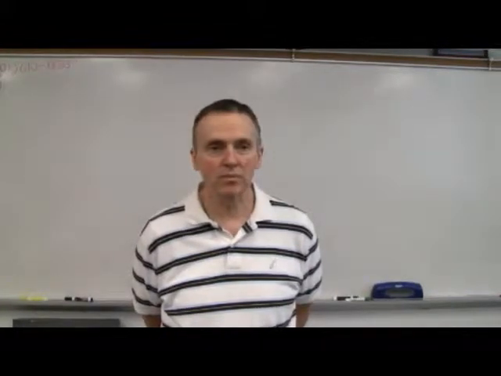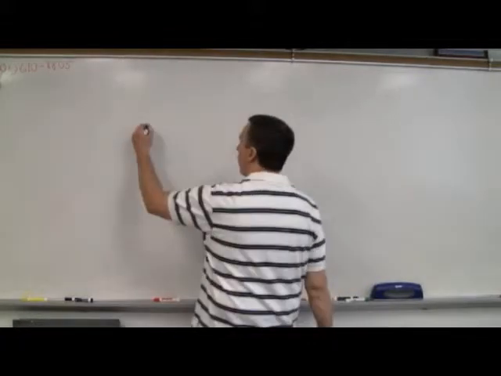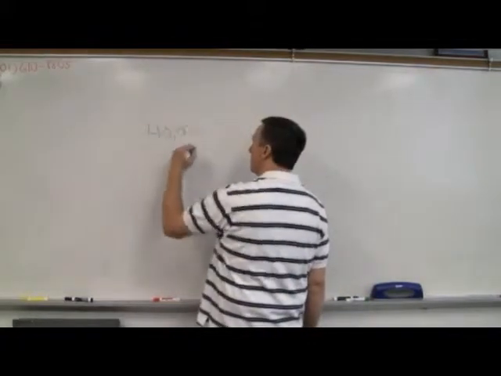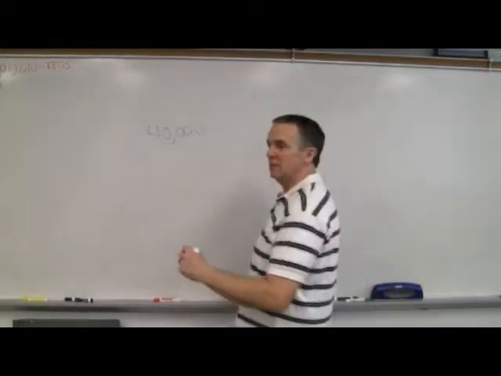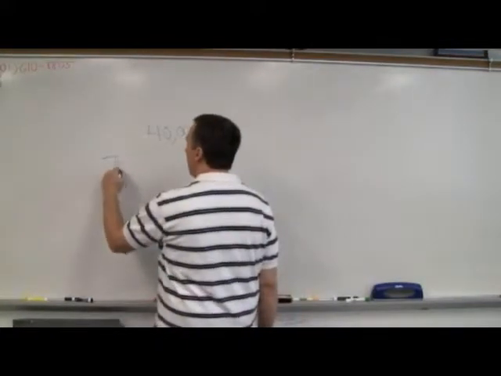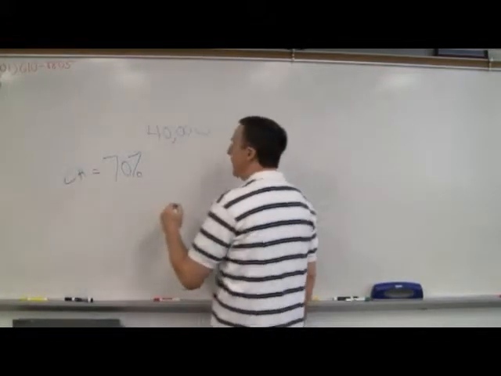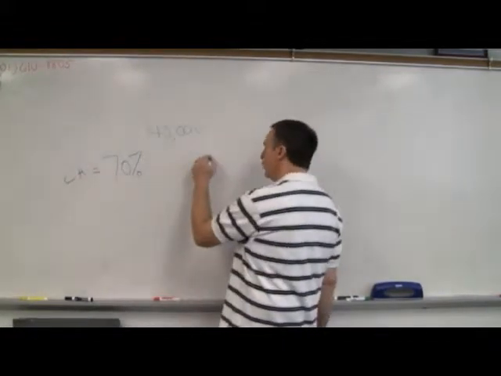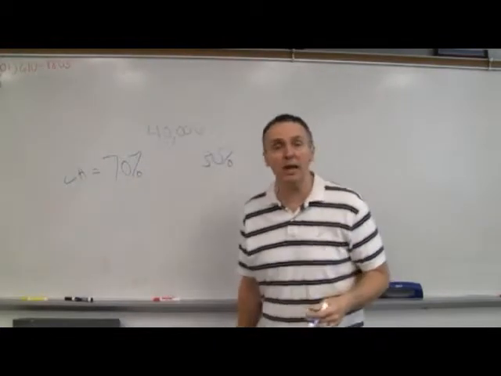So we need to find 70% of the 40,000. 40,000 people went to Disneyland last week. 70% are from California, which means how many do not come from California? 30%, that's correct.